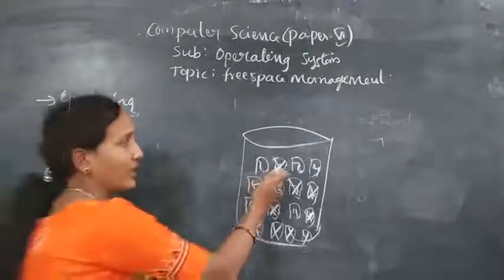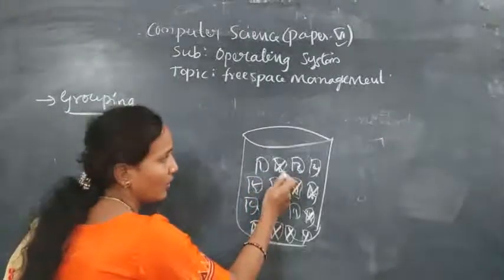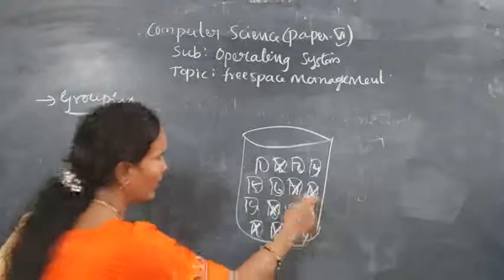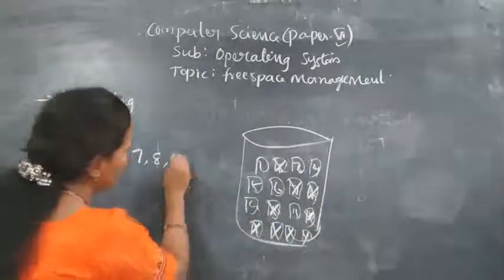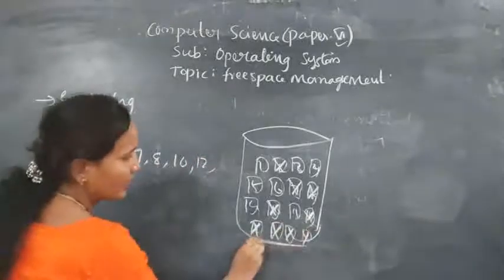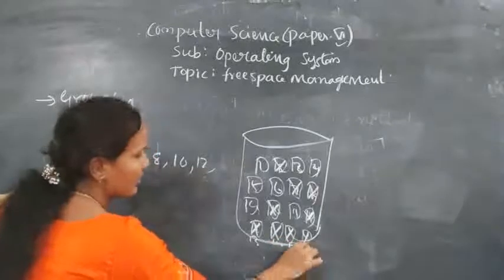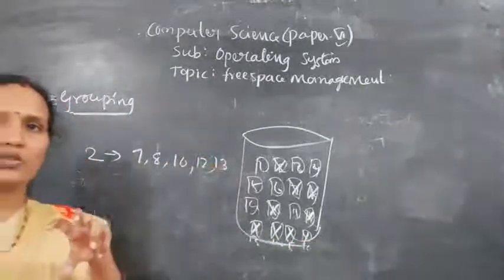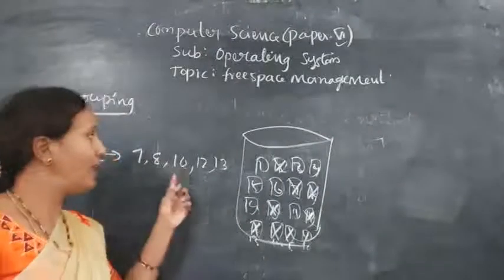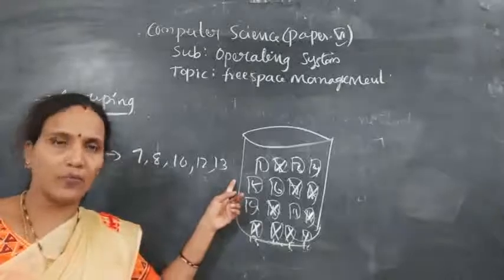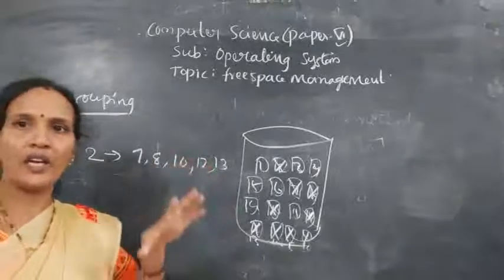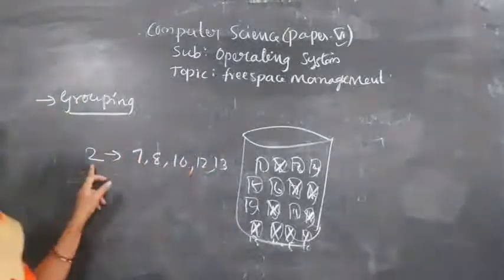What are the next 5 free blocks? 7, 8, 10, 12, 13. So the first free block maintains the information of n next free blocks. Here it's a group. How many elements do we have? 5 free blocks.